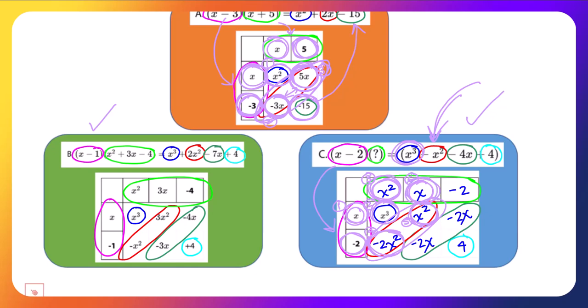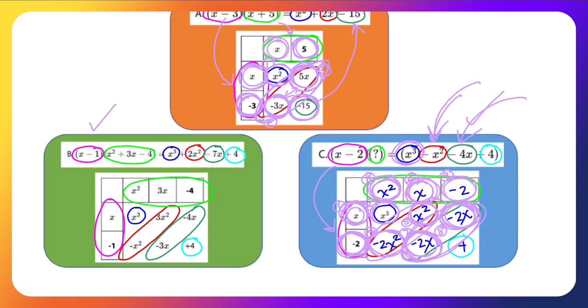Once we have this x, and we already have this negative 2x from before, multiply those two, and we get negative 2x. That's the seventh thing we fill in. To make the negative 4x in this green oblong, I already have the negative 2x. I need another negative 2x. So that's the eighth thing I'm going to fill in. Well, to make this negative 2x, I need a negative 2 here, times this x to make our negative 2x. So that's the ninth thing we fill in.